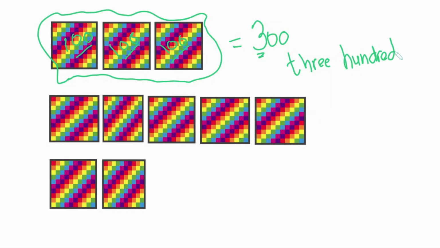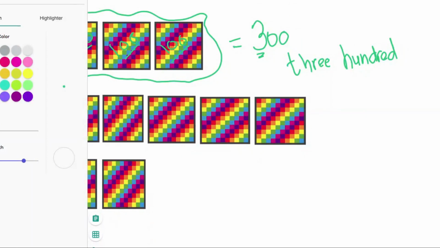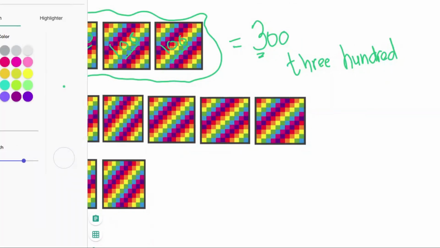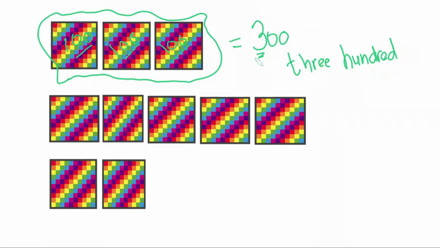HUNDRED. There we go. Let's change the color of my pen. There we go. Let's pop that over there. So we have 300 in numerals or numbers, and we have 300 in words.